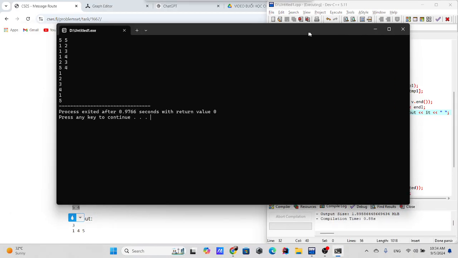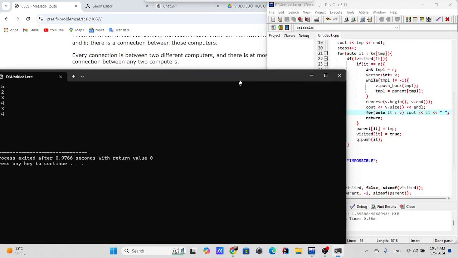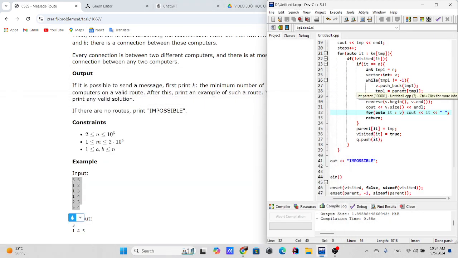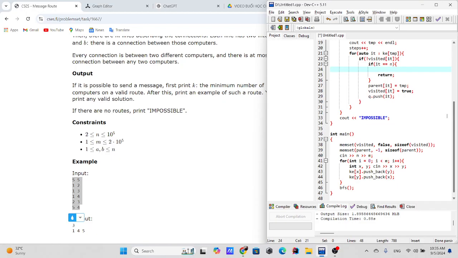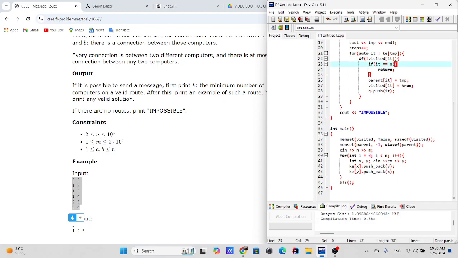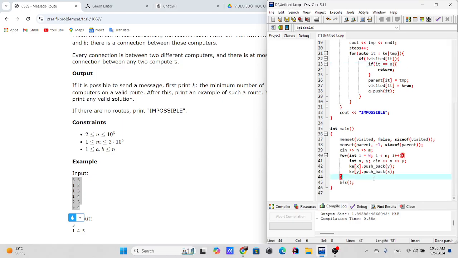Five. Huh? How? I don't understand this. Return. Please return it. Oh, okay, so parent ITOB.